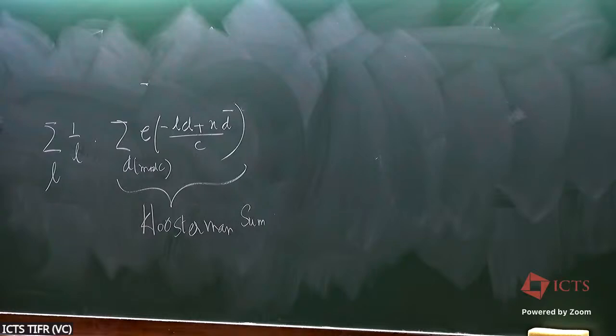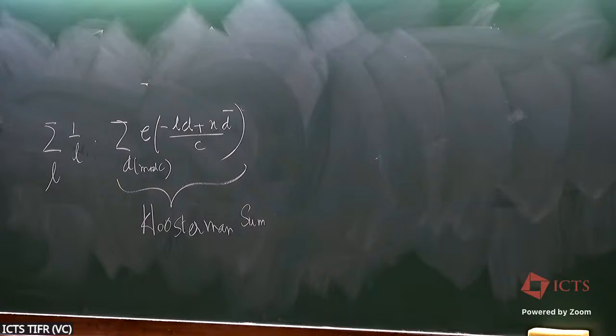Therefore, there is a summation. Two variables are already fixed for you, a and b, for example, and you are running over some c, but this a gets multiplied by c and the b gets multiplied by c-bar, and then you have to take mod c. Therefore, any such sum is called a Kloosterman sum.